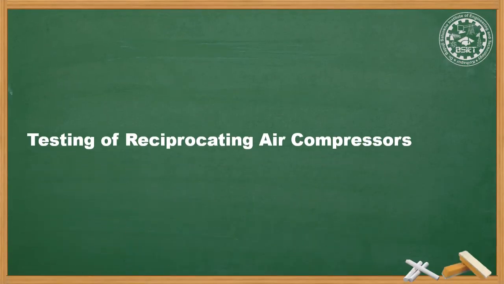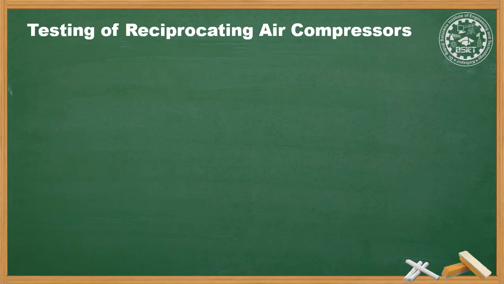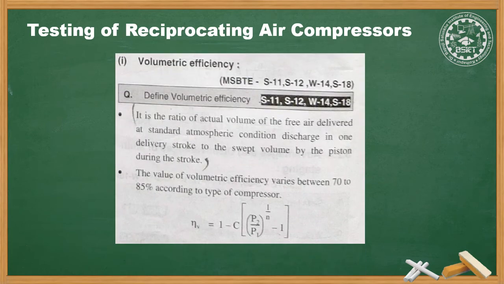The next point for testing is the volumetric efficiency. This is an important definition in terms of your examination viewpoint. It is always asked. Volumetric efficiency is the ratio of actual volume of free air delivered at standard atmospheric condition, discharged in one delivery stroke, to the swept volume by the piston during the stroke.